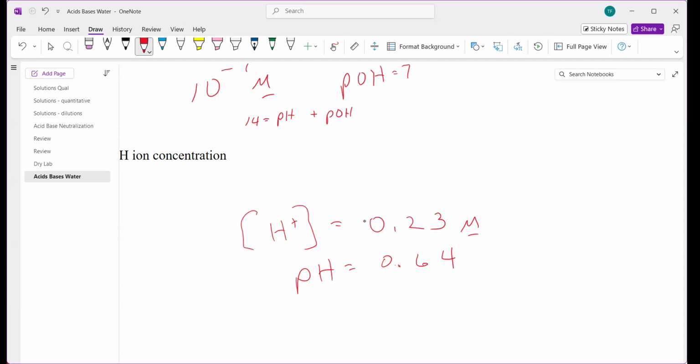So anyway, if you did not get this number, I need to work with you before we go on, because I'm going to be doing some pH problems. And if you can't get your pH and logarithm to work on your calculator, we're going to be in trouble. Did everyone get 0.64?